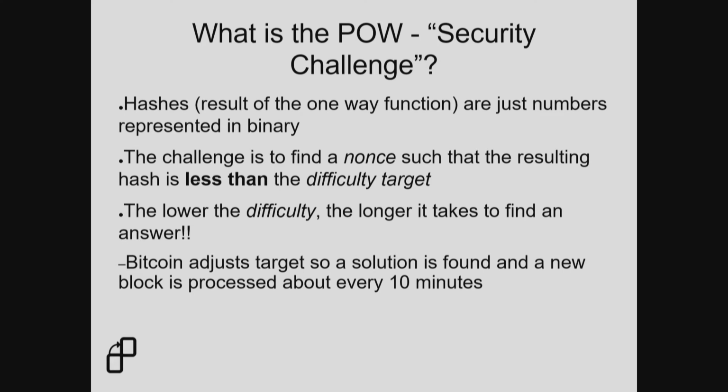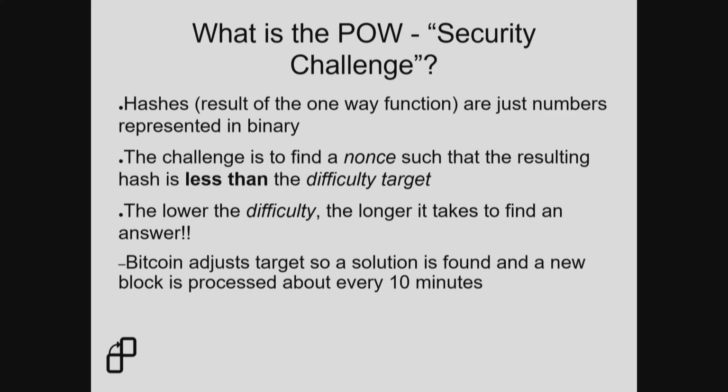So now let's dive in a little bit more with our simulation and talk about what the proof of work security challenge actually is. Remember I mentioned we have this one-way hash function that outputs some data. And this data in computers is really just bytes. And it turns out that these bytes are really just numbers. We can think of this block of data as an integer number represented in binary.